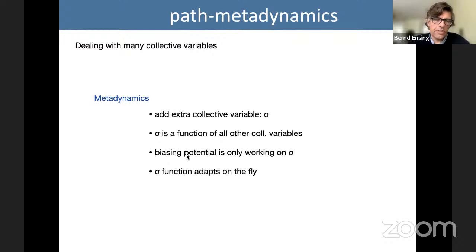So now the whole thing is one-dimensional again, because this is a one-dimensional function. And so now we do one-dimensional metadynamics. But the question is, what is that function? Right? So now we have to also figure out what is the function in the space of these collective variables. And the way we pose that question is, we see the function as a path in the space of collective variables. And so we have to learn that path.